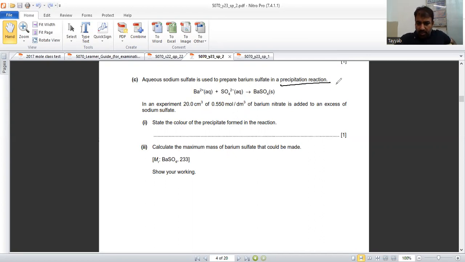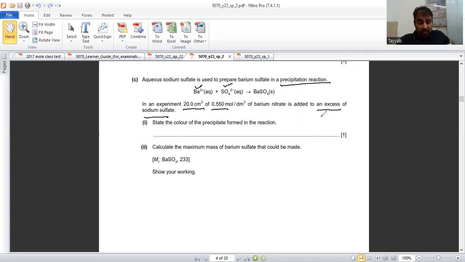We will explain this precipitation reaction in the salt preparation method. In an experiment, 20 centimeter cube of 0.55 mole per dm cube barium nitrate is added to an excess of sodium sulfate. Here sulfate is in excess, so there is no need to calculate the limiting reagent.